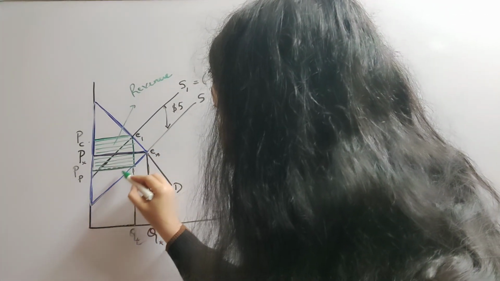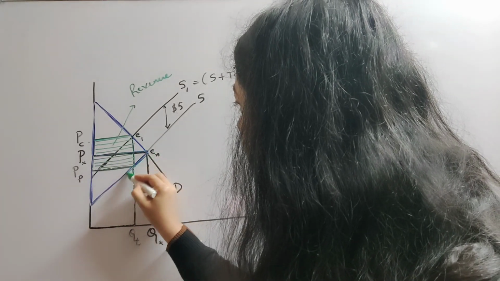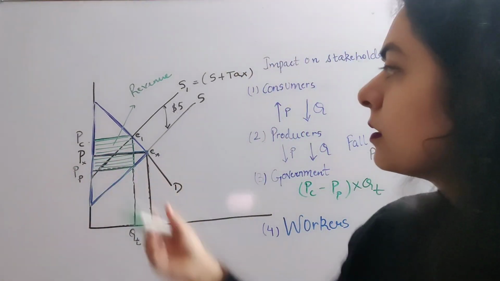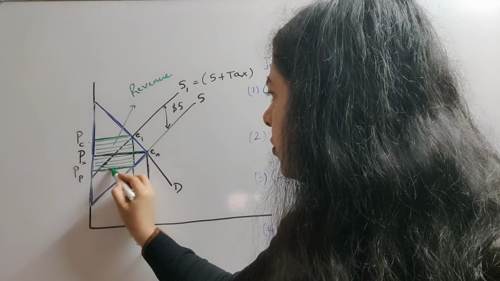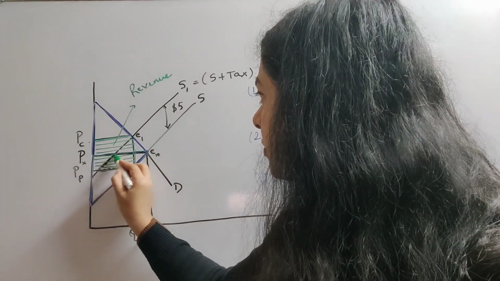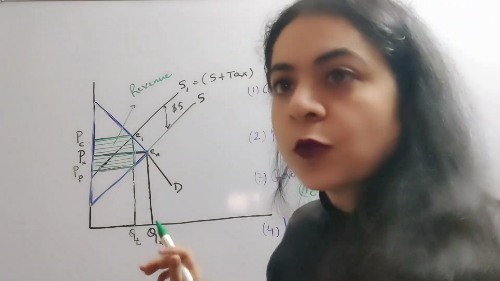So for producer surplus, earlier this whole complete portion was producer surplus before the tax. But now, as a result of tax, this portion goes to the government out of the producer surplus, and now less output is produced.